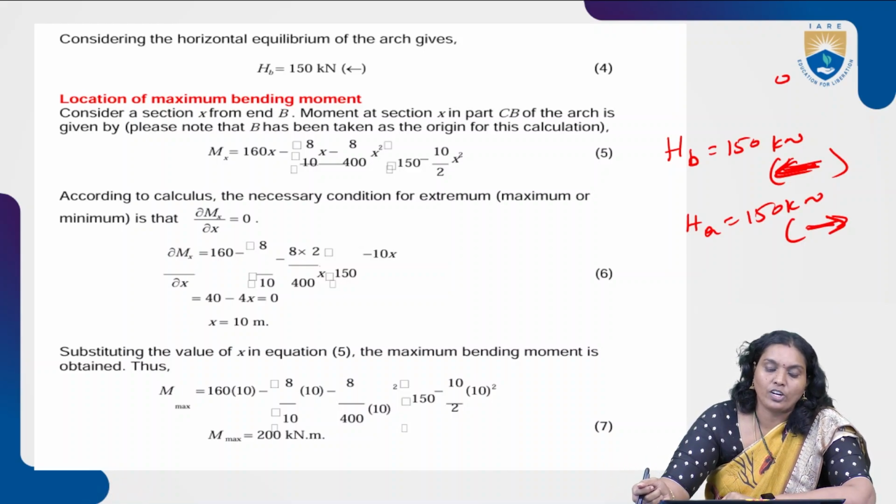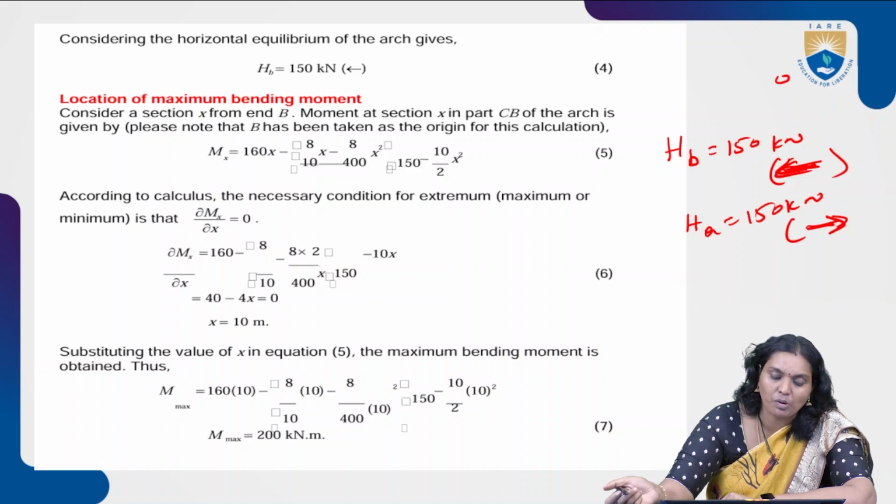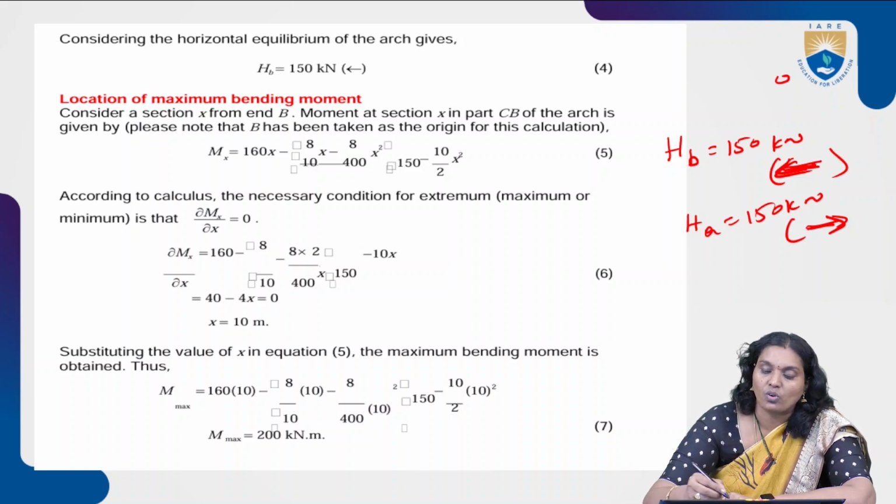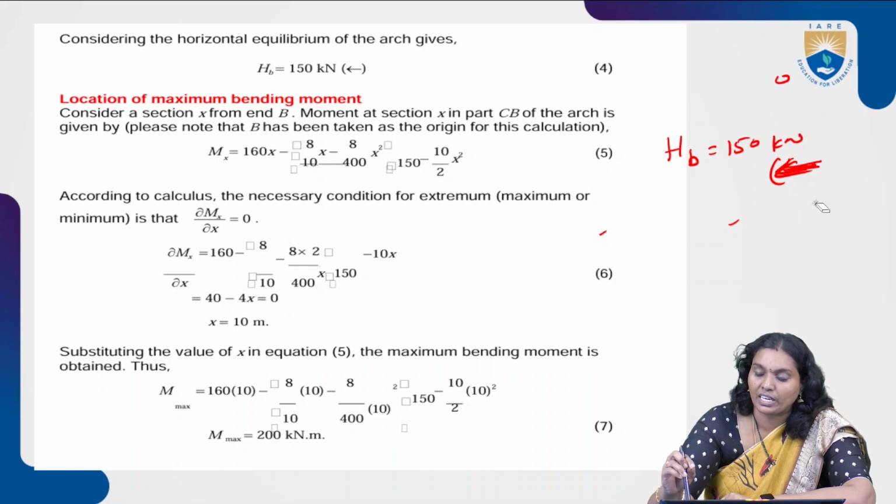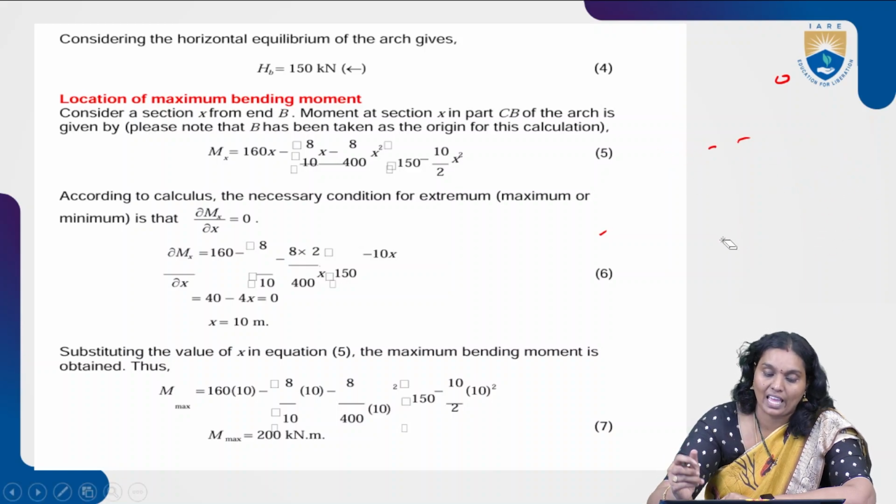Now according to calculus, the necessary condition for an extreme, maximum or minimum, is that the derivative with respect to x is equal to 0. So we will find the location of the maximum bending moment after getting these horizontal and vertical reactions.